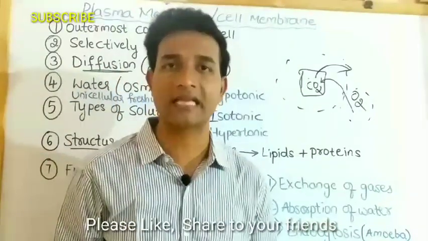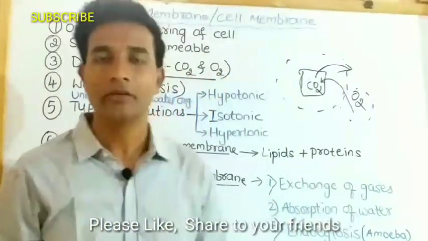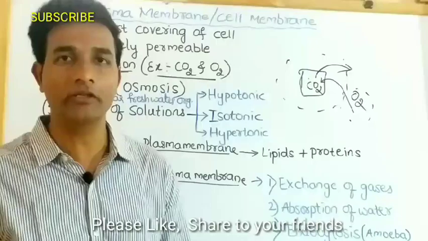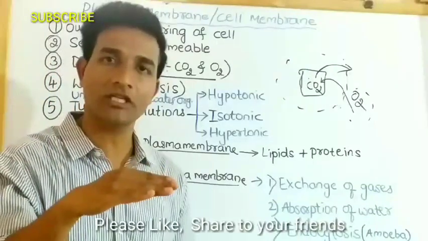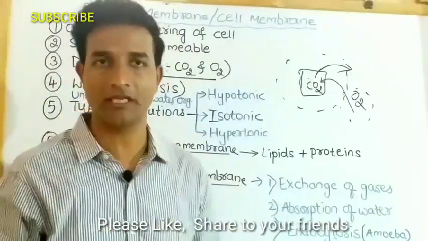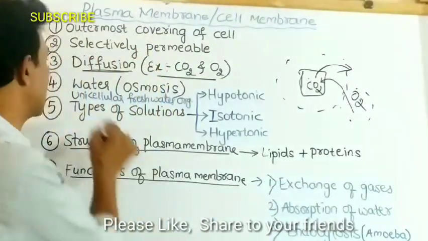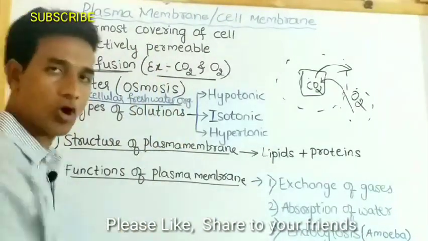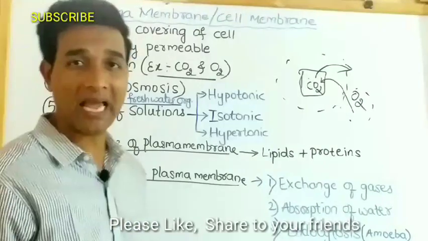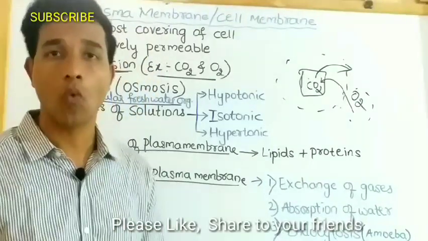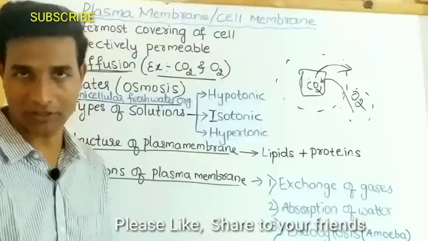Osmosis is a process where you can find the movement of water molecules from the region of higher concentration to the region of lower concentration. We have examples like unicellular freshwater organisms as well as plants absorb water through osmosis.